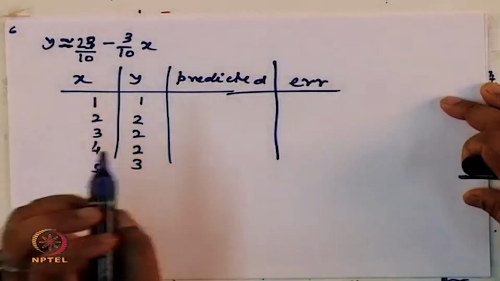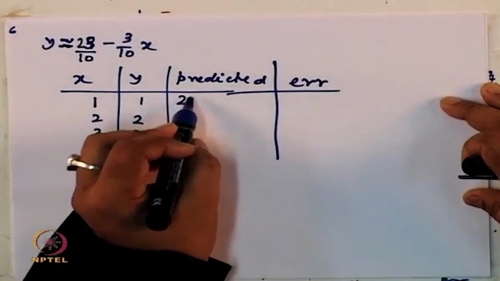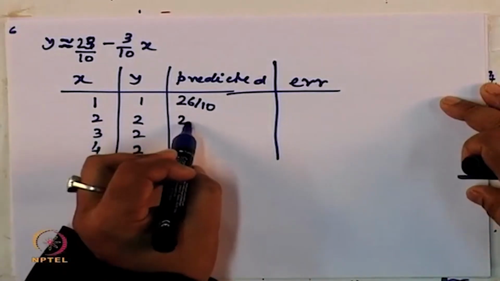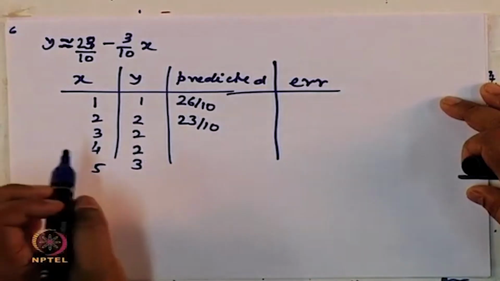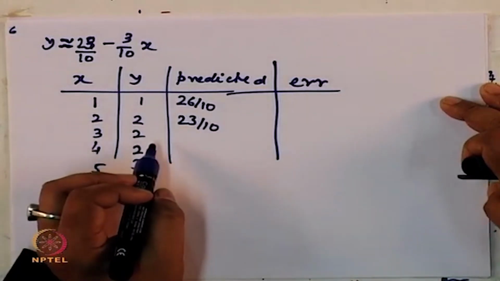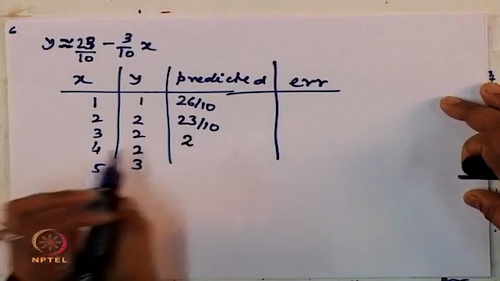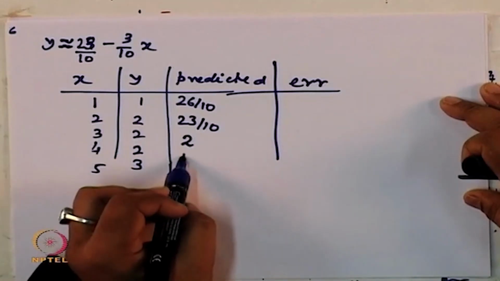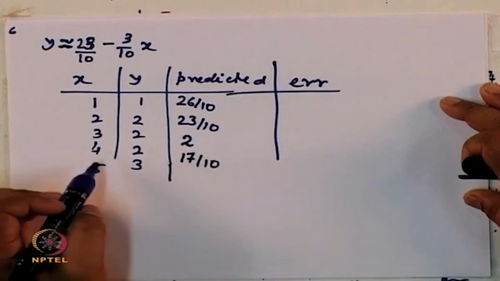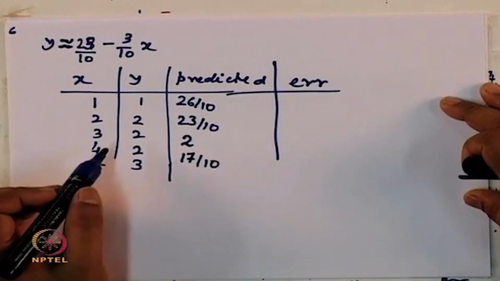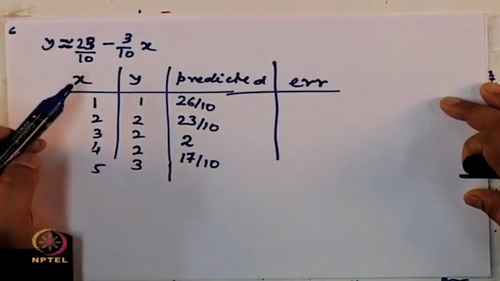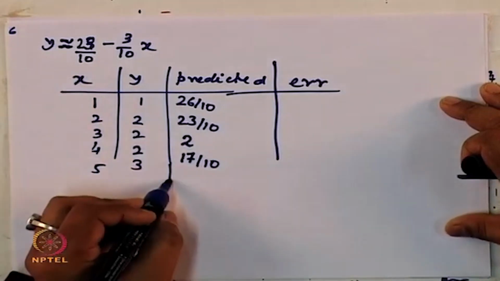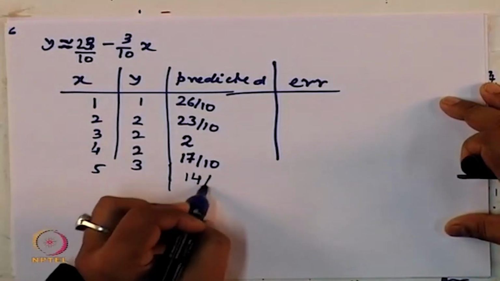For x equal to 1, it is 29 minus 3 is 26 by 10. For 2, it is 23 by 10. For 3, it is 20 by 10. For 4, it is 17 by 10, and for 5, it is 14 by 10.